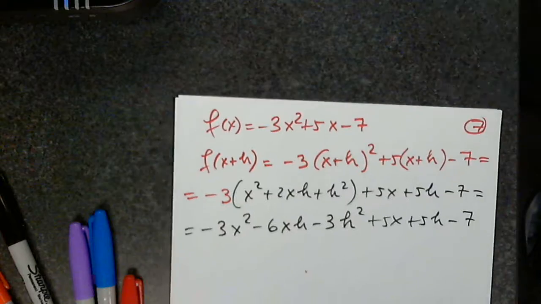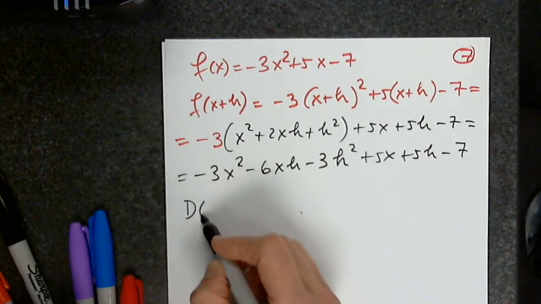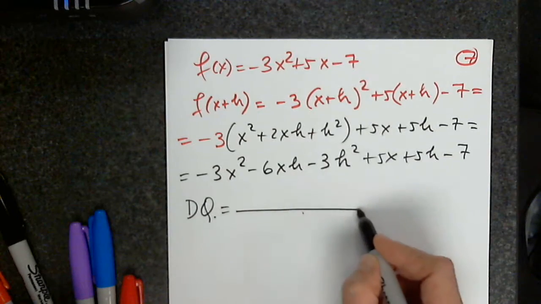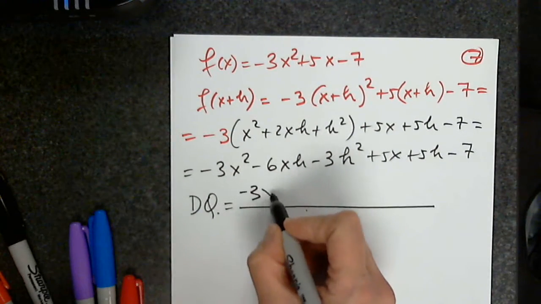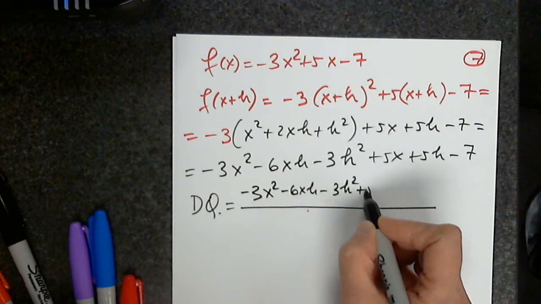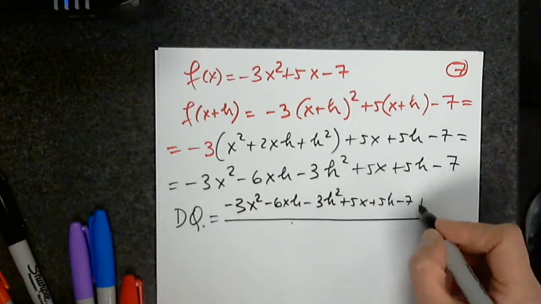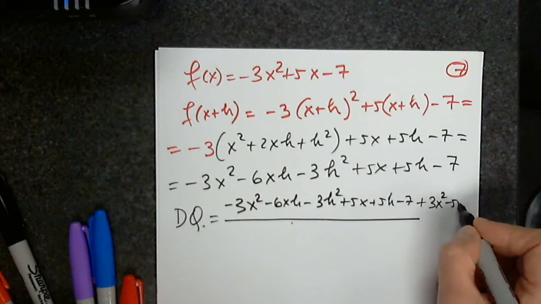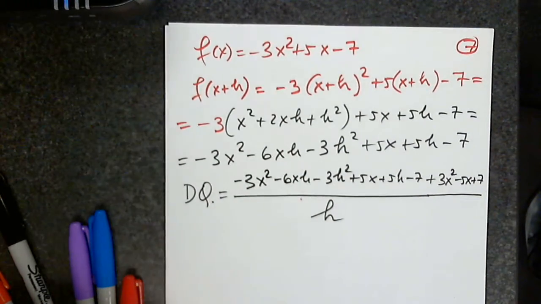So now I have the piece that I did not have before. So now I can write the difference quotient for this function, which is negative 3x squared minus 6xh minus 3h squared plus 5x plus 5h minus 7 plus 3x squared minus 5x and plus 7 over h.